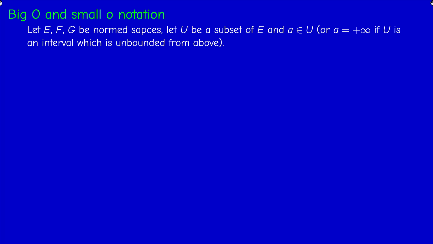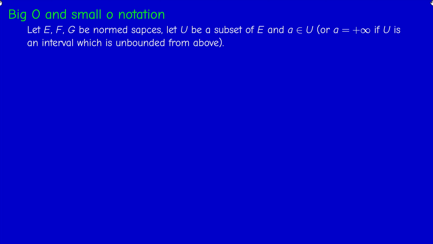Okay. But before we start, let us recall some very convenient notation, the big O and small o notation that you probably encountered. But I'll do some generalization of them. So instead of working in R, we can work in any normed space.